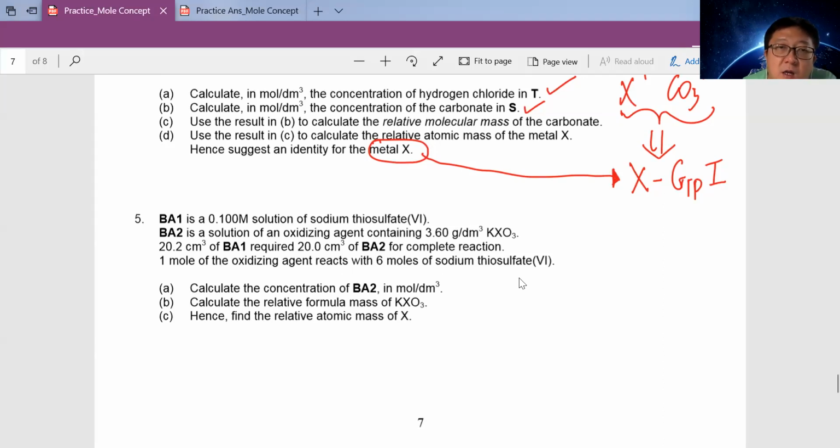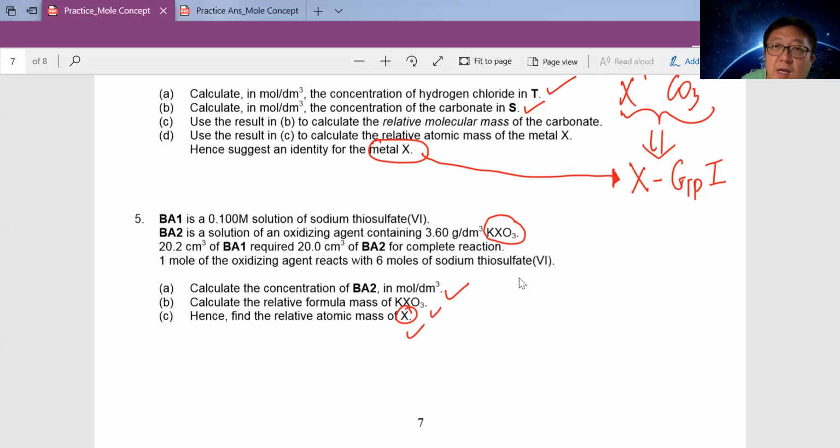So first calculate the concentration, okay, relative molecular mass, and then the relative atomic mass of X. Okay, again, right? Let me ask you, this thing, what does it remind you of?